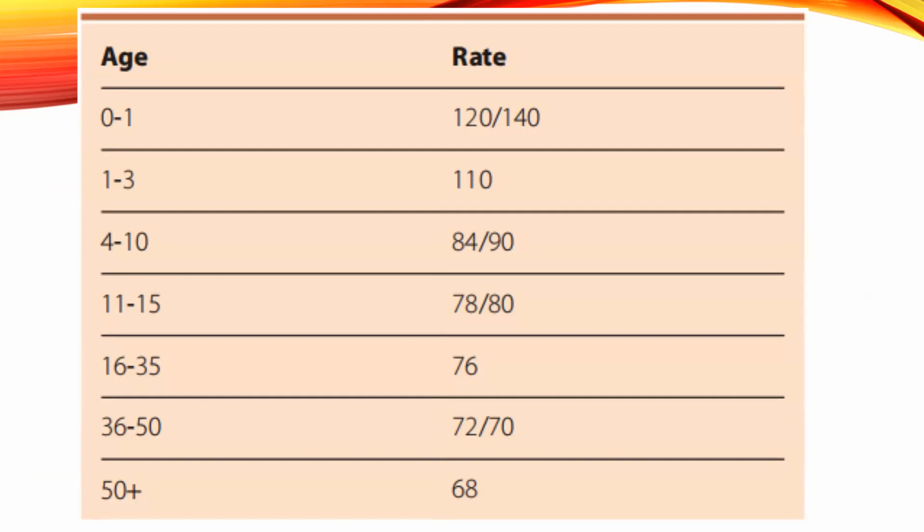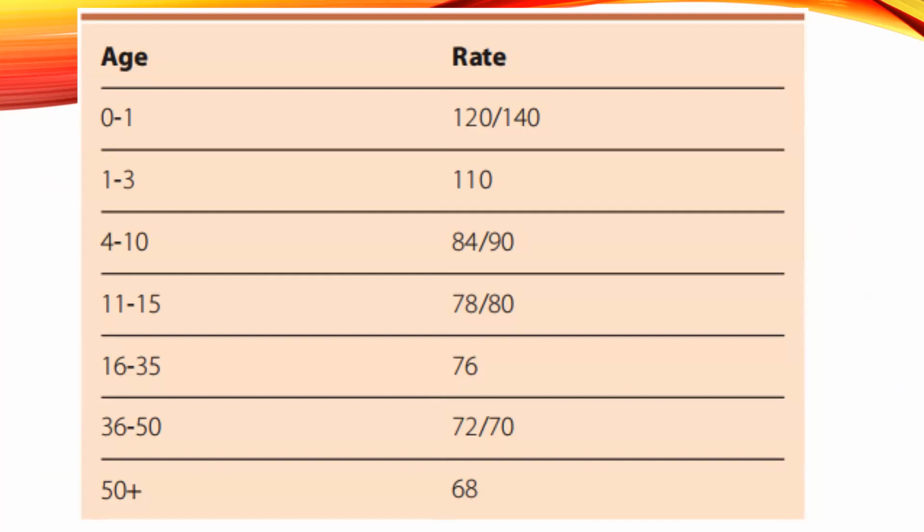Pag 1 to 3 years old, dapat po ang 100 to 110. Yan. Per minute po yan. 4 to 10 years old, 84 to 90 per minute po yung kanyang rate.